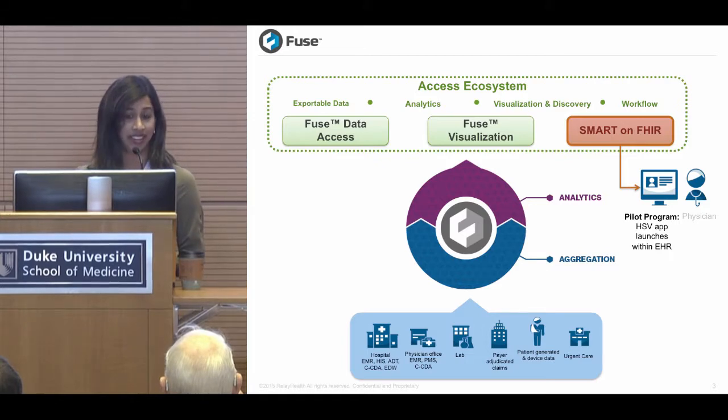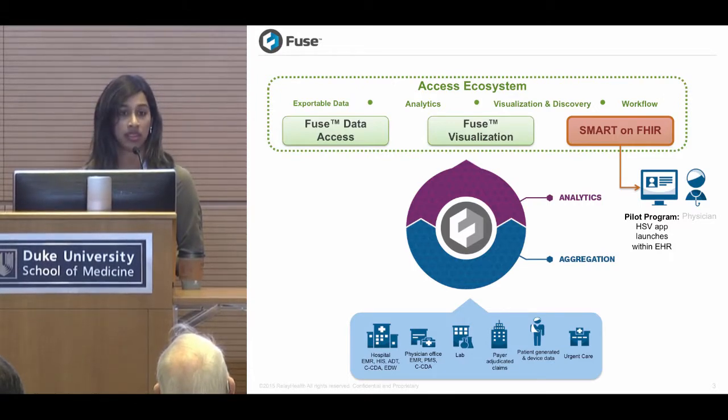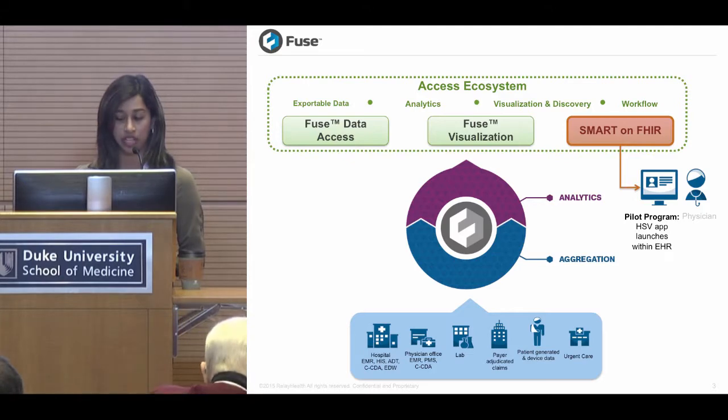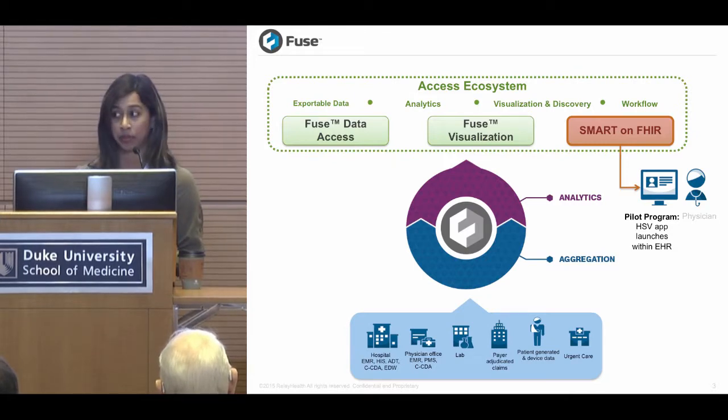And why we're here today is to really focus on our Smart on FHIR ecosystem, where our first pilot is the health summary viewer, and it has really been a use case for us to build the supportability and infrastructure to have a FHIR server and FHIR API. We're using STU3. And it is currently launching within an EHR, so within Cerner's EHR, with the primary user as our physician. So I'll turn it over to Nate to walk you through the specifics of the actual application.